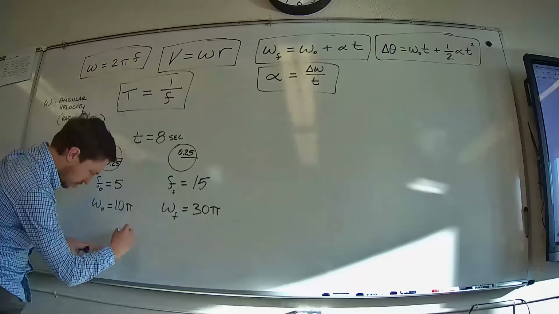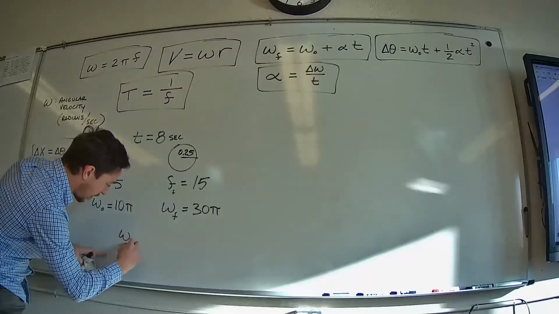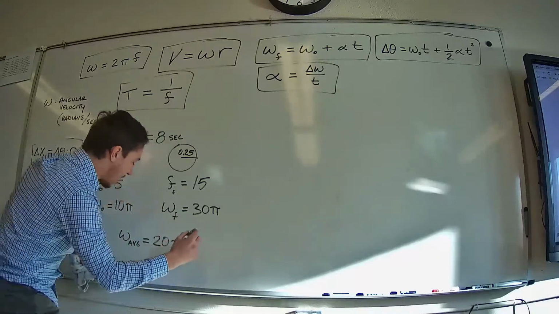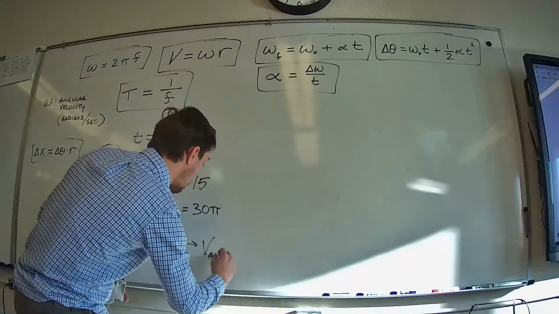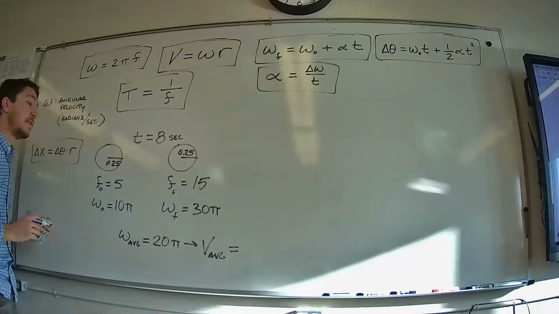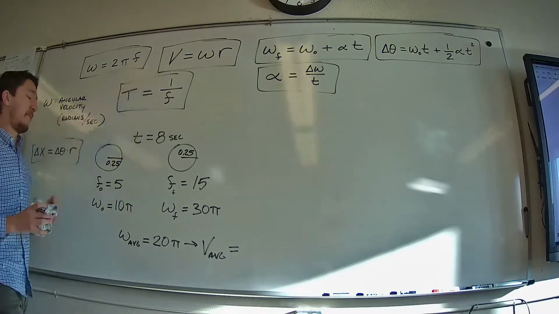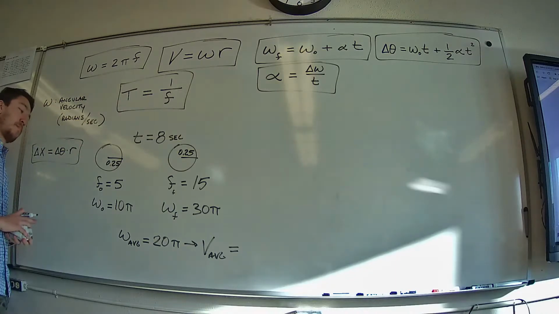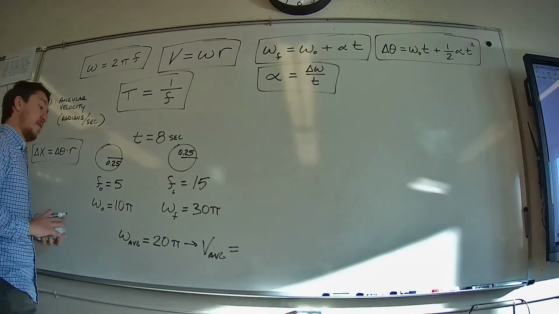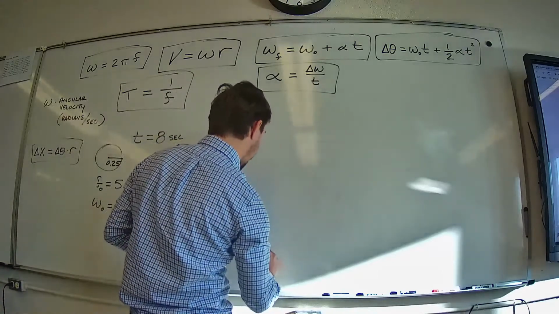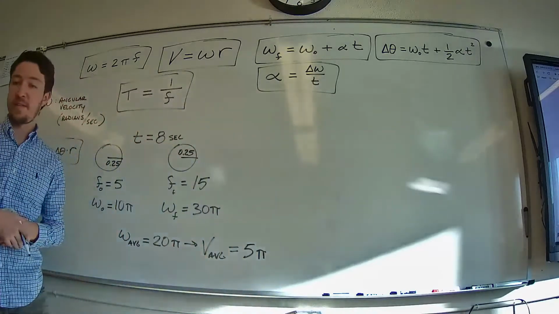What's the average omega? 20 pi, right? Which means the average velocity is, we understand?